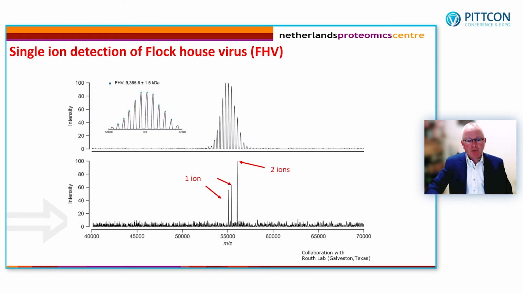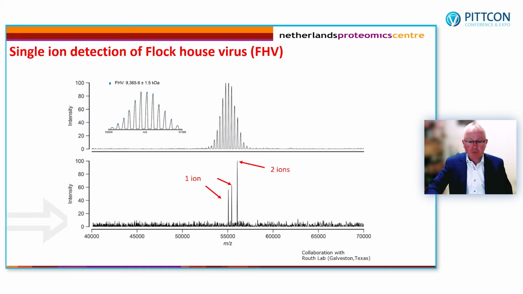If we tune down the instrument, we can really now start to record single particle events. And for us, this was first a little bit amazing. And here you see that we have a mass spectrum, and at the top is an average, at the bottom is a single spectrum, and we see just these few events.